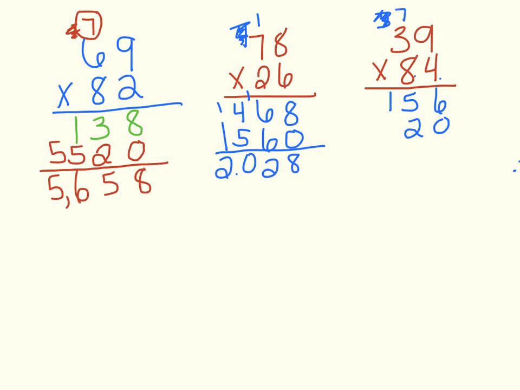And 8 multiplied by 3 is 24. And 24 plus 7 is 31. I add those together. And I get a product of 3,276.